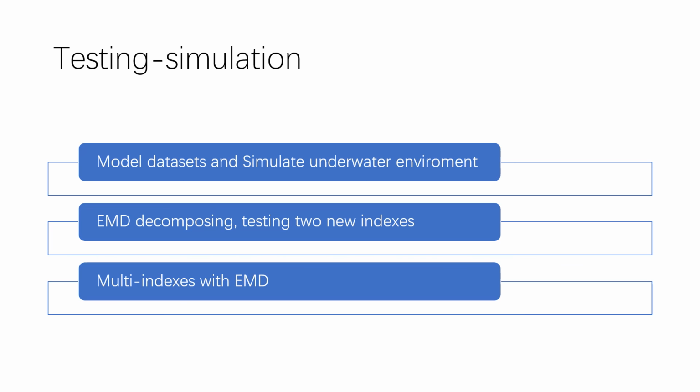The second step is EMD processing, decomposing those sound sources into IMFs and testing the proposed two new indexes in the identification and classification process. The third step is using multiple indexes with EMD and comparing the processing result with the result of the single index processing situation.